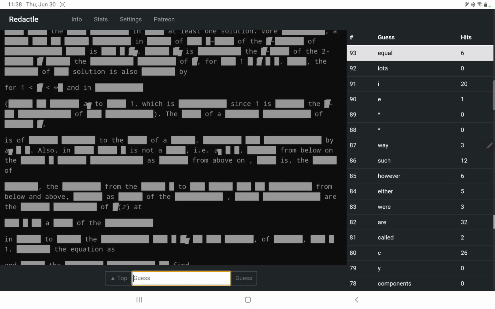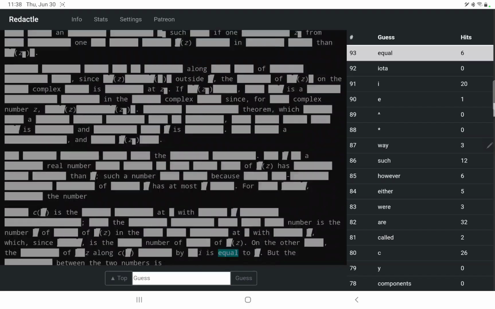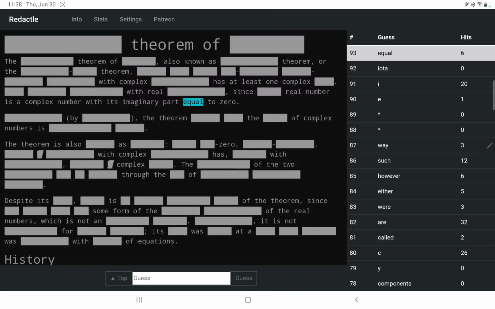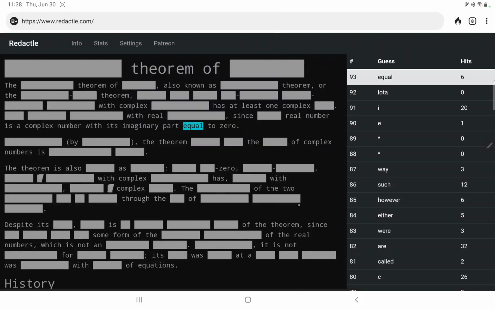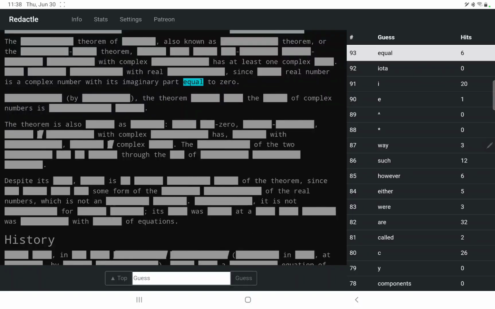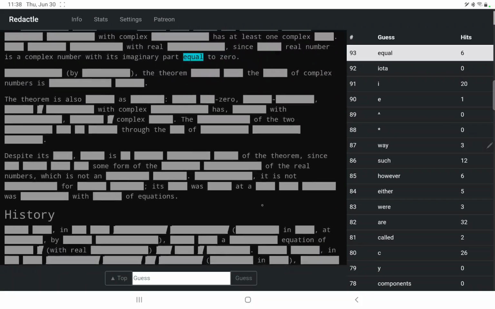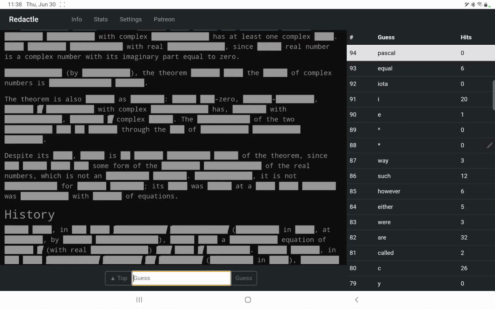How about equal? 6 equals. Okay, imaginary part equal to the something theorem of, okay, who are the famous mathematicians? Let's try Pascal.